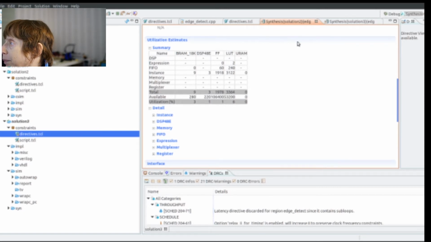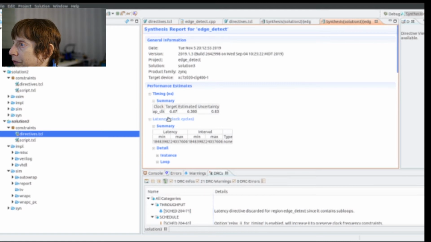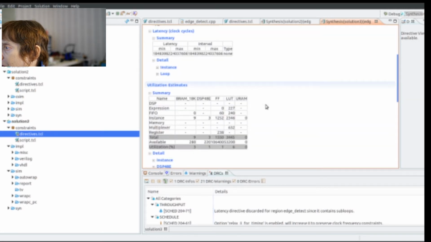Now when I did pipelining, as you can see, the estimated clock was lower. However, the latency was actually greater, the interval was greater, and it actually used more resources. It's kind of interesting that the interval and the latency would actually go up.